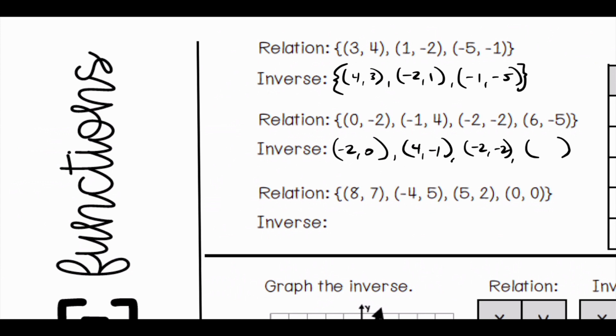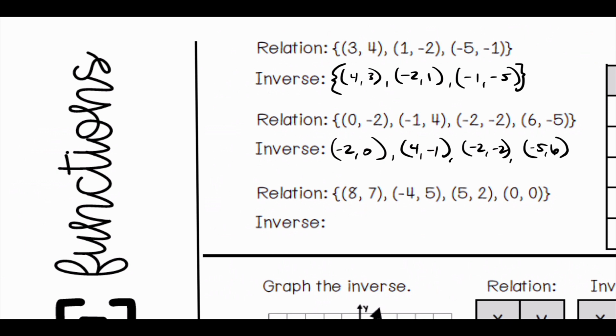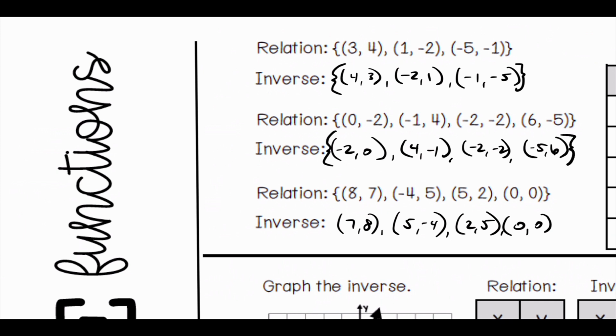If they're the same point, when you switch them, like -2, -2, it doesn't matter because they're just going to stay -2, -2. Same thing, 0, 0. It'll stay 0, 0.